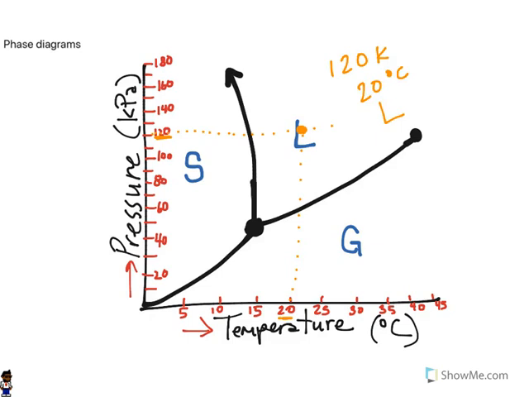All right, let's try another data point. Let's try 80 kPa and 35 degrees Celsius. Let's see what you got.